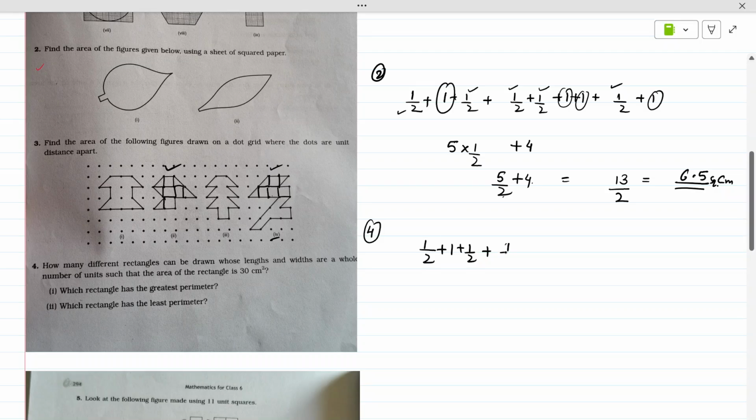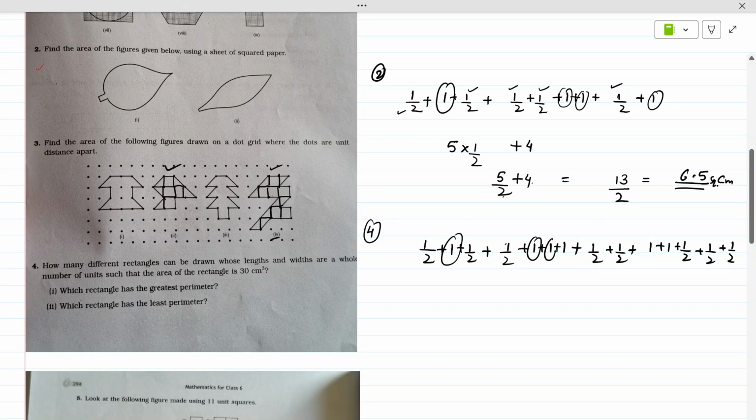So that is half plus 1 plus 1 plus 1. Coming down again, this is 2 halves. Coming down again, 1, 2, half. And again, we have 2 halves. So half and half.